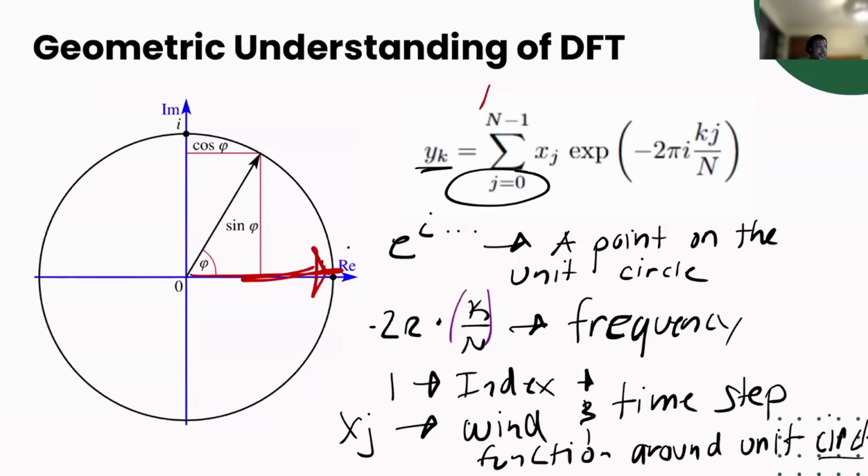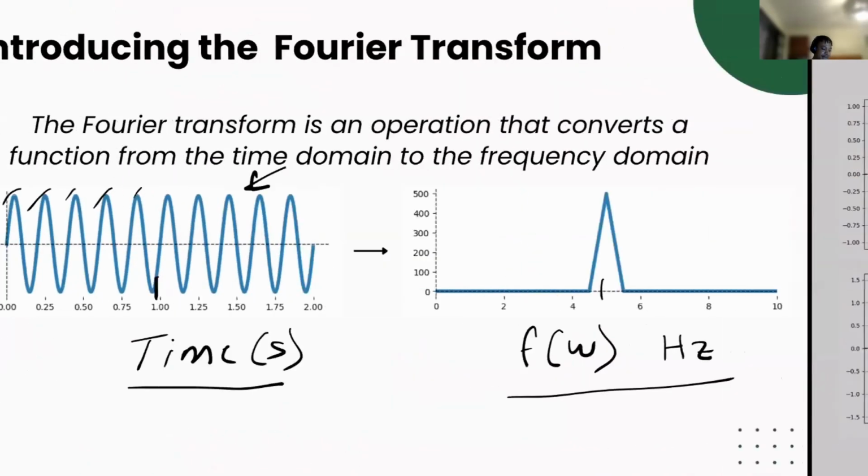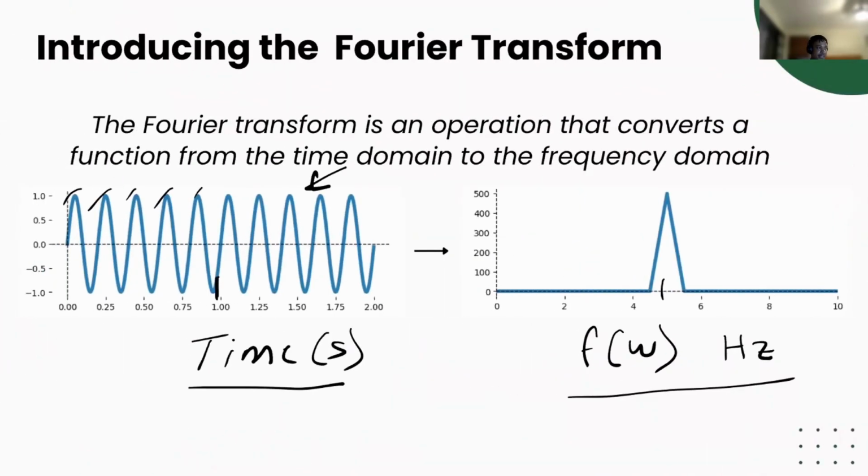And in the case that it constructively interferes, then we know that it's because it has a frequency of k over n. So anytime you don't have that frequency, you'll get a low value, and anytime you do have that frequency, you'll get a high value. And that's why the DFT gives you those peaks at specific frequencies. This is exactly why.